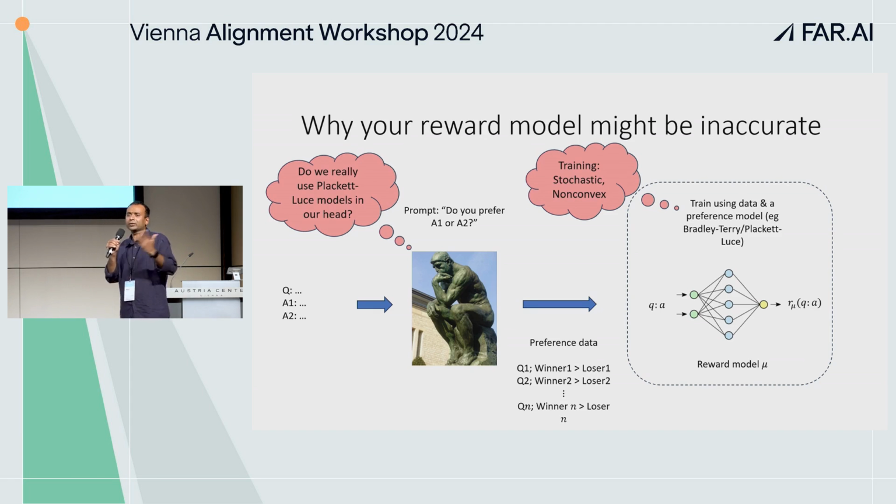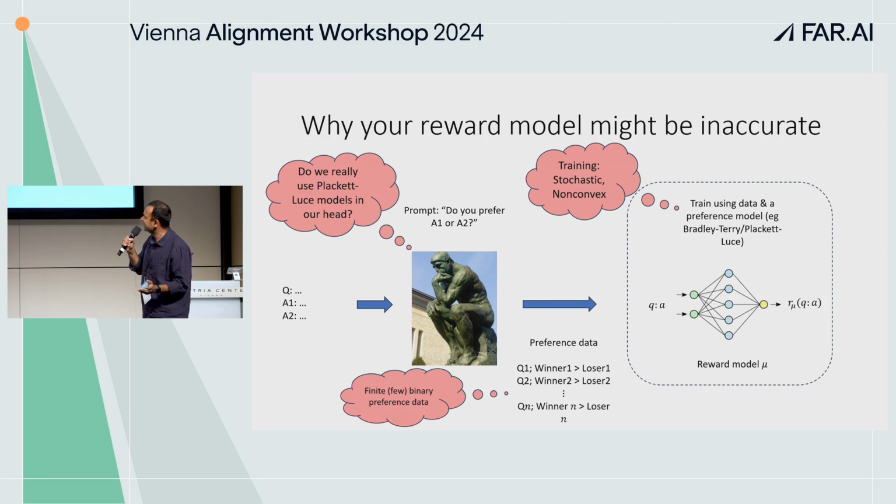It can lead into non-convex landscapes and result in fairly varying reward models. And to add to all of this, there is the paucity of the binary preference data that is usually collected in relation to the scale of these reward models. So all of these are a problem, and one could imagine the downstream consequences of just taking a reward model that someone trained, or you trained, and optimizing for the reward.